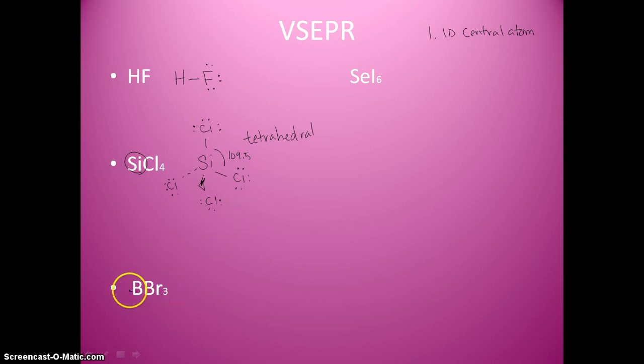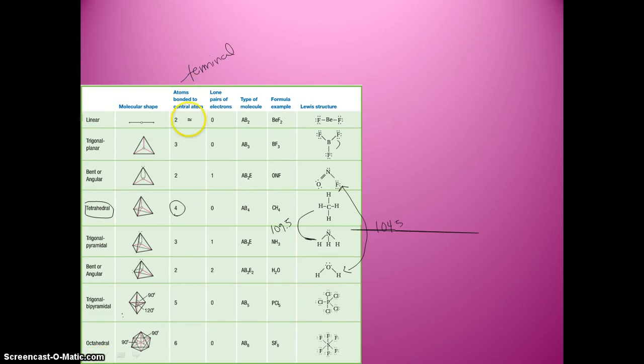All right, so let's look at this one. We have our central atom, identify central atom, and then we use the VSEPR chart to find the structure. That is our second step. Our central atom now is selenium, and we go back. Which one has 6 terminal atoms?